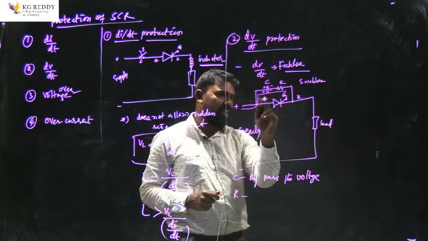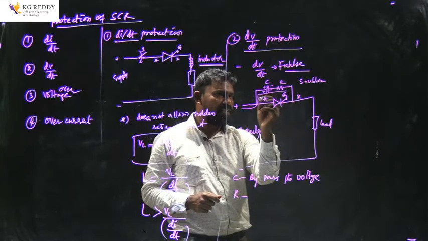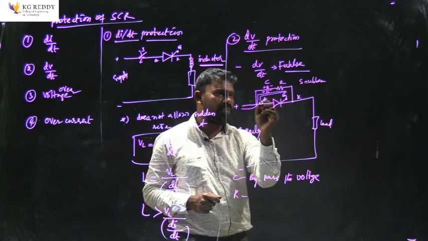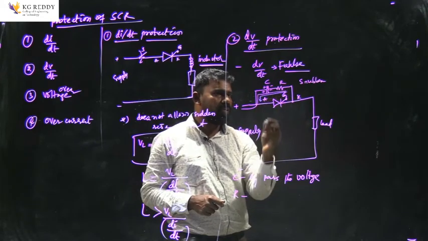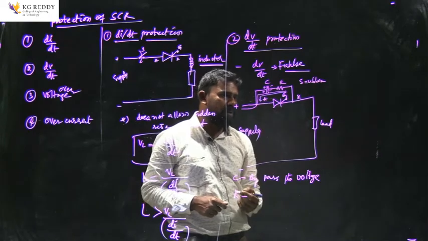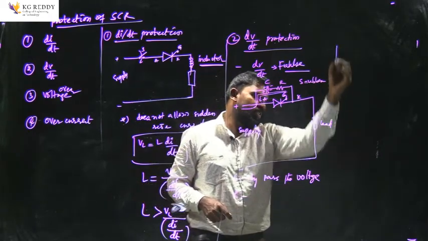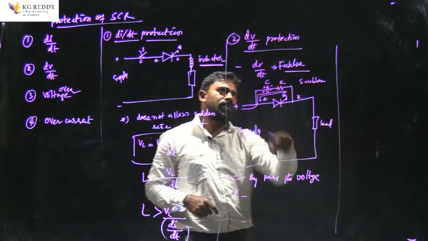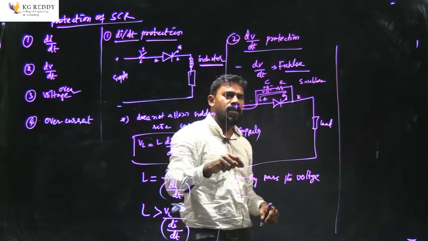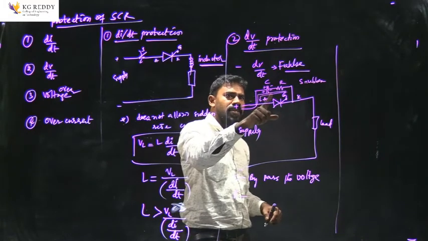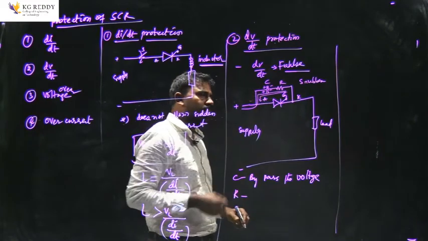Once the SCR is turned on, the capacitor will discharge through this resistance. The resistance limits the current and provides the protection from dV by dt conditions. So these are the protections of the SCR from dV by dt. By connecting the snubber circuit, we are providing the protection of the SCR from dV by dt.